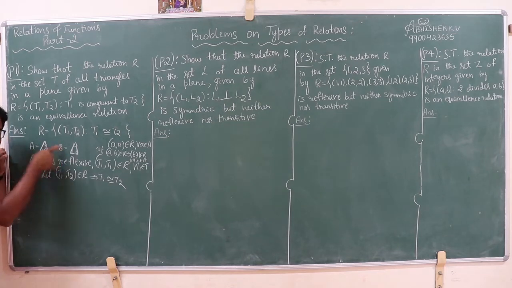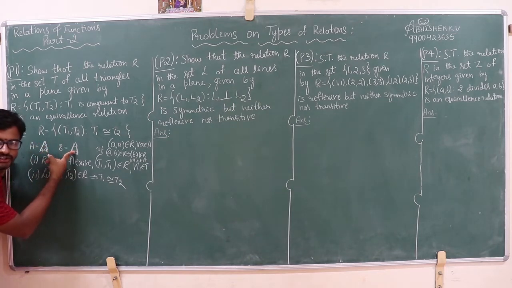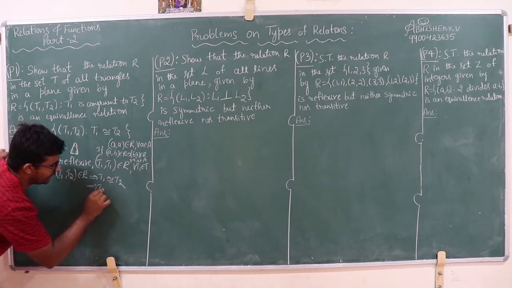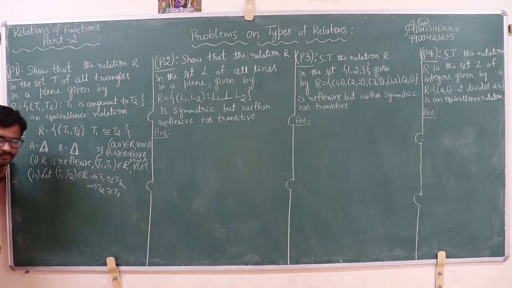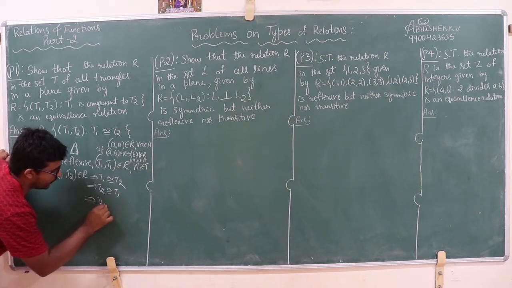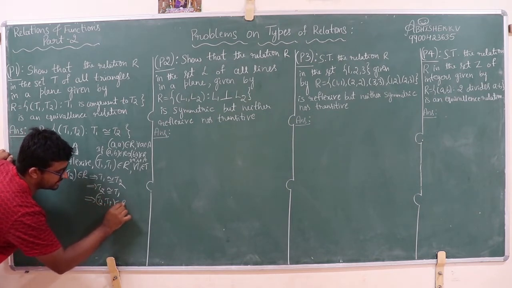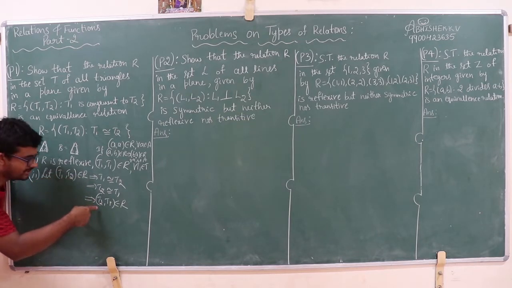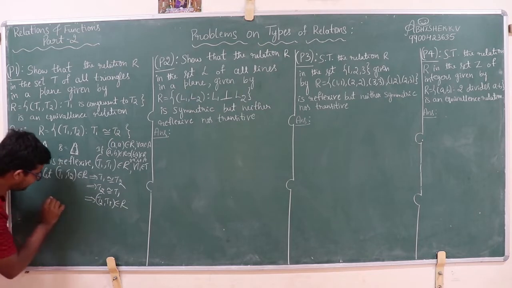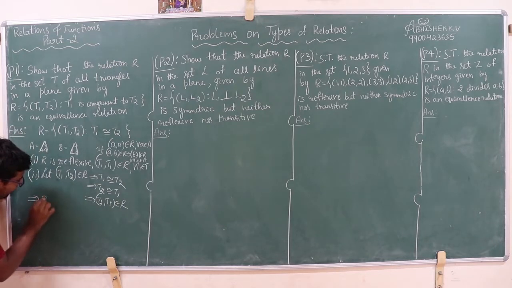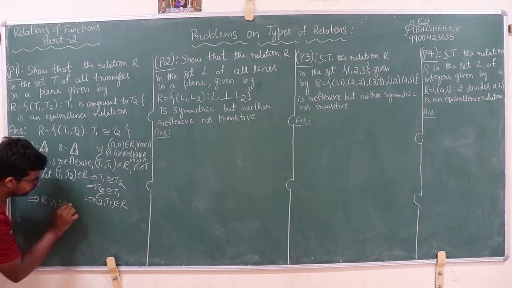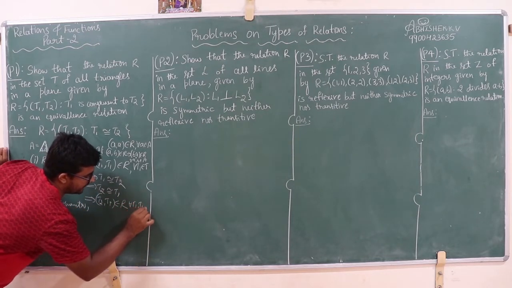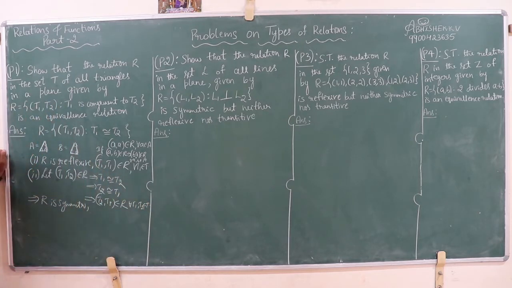If A is congruent to B, it is obvious B is congruent to A. This implies T2 is congruent to T1. This implies T2 and T1 belongs to the relation R. If T1 and T2 belong to R, that implies T2 and T1 belong to R. This implies R is symmetric, for all T1 comma T2 belonging to the given set of triangles.